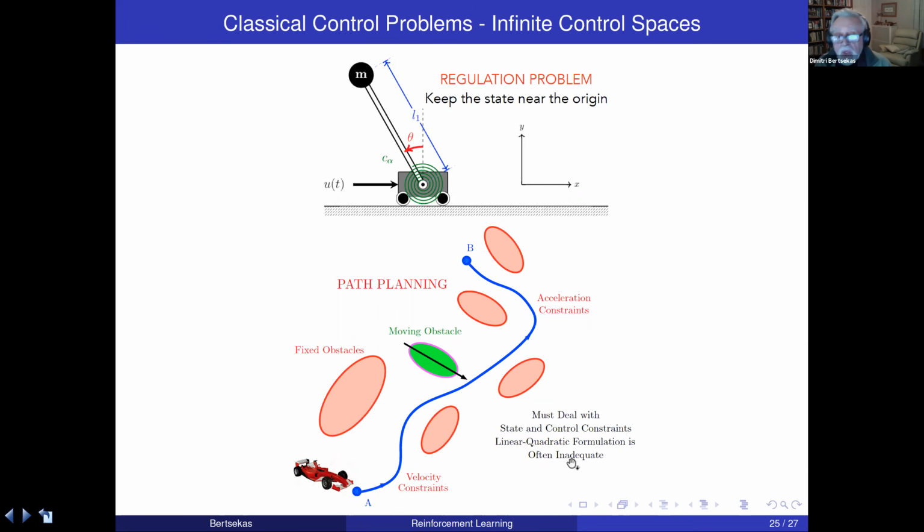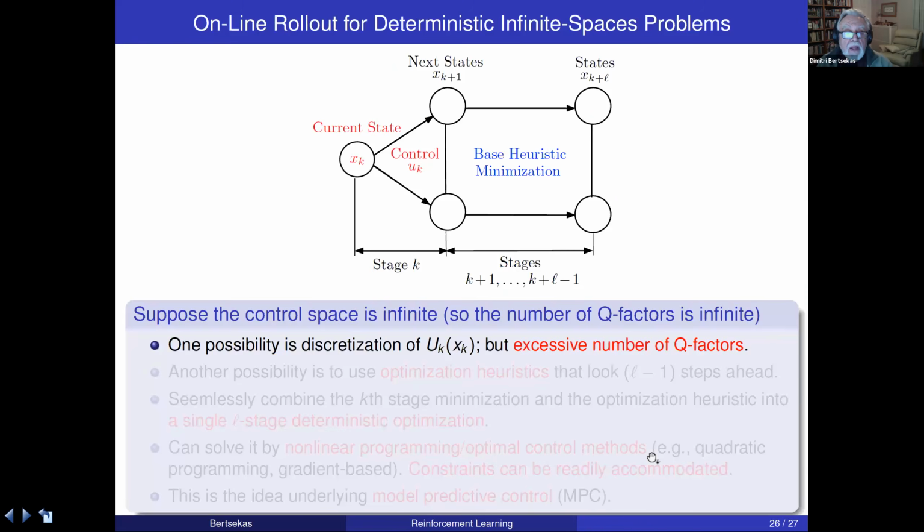In particular, model predictive control has the ability to control systems while respecting state and control constraints in a reasonably efficient, computationally efficient way. I think I covered model predictive control in lecture 3. I'm going to discuss here just the principle on which model predictive control is based, and we're going to come back again to it in the next lecture.